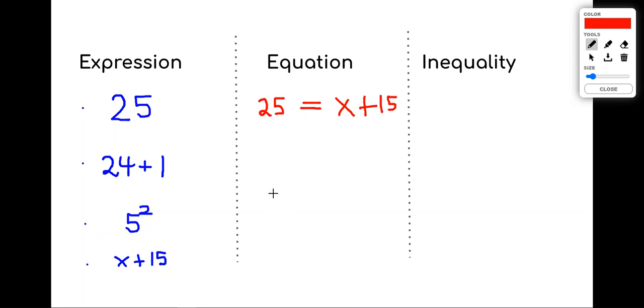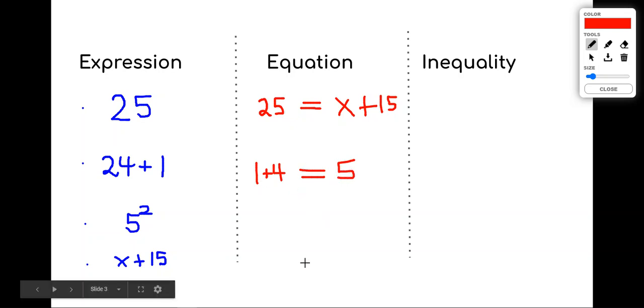Okay, I could say that 1 plus 4 is equal to 5. These two are equal to each other. So an equation has to have an equal sign, okay? And it's stating that two expressions are related by being equal.